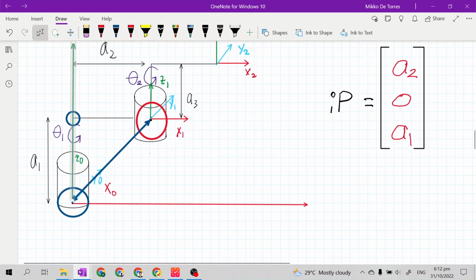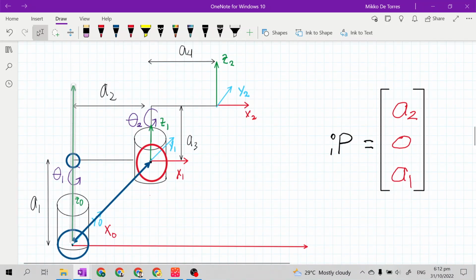Okay, so the distance of the origin of frame 1 to the origin of frame 0 along z sub 0 axis is a sub 1. It is still a sub 1 and it doesn't change because the rotation theta 1 happens at z sub 0.